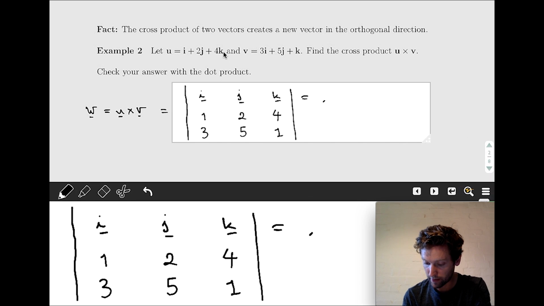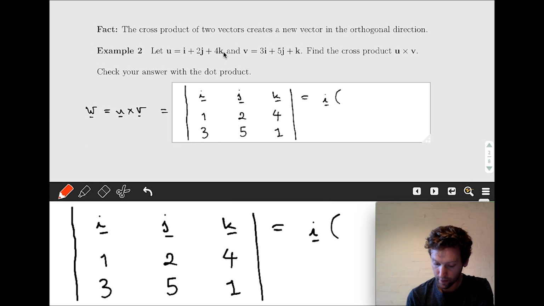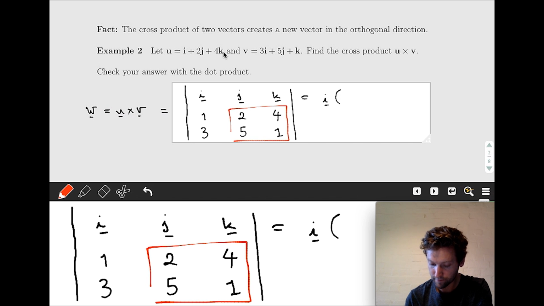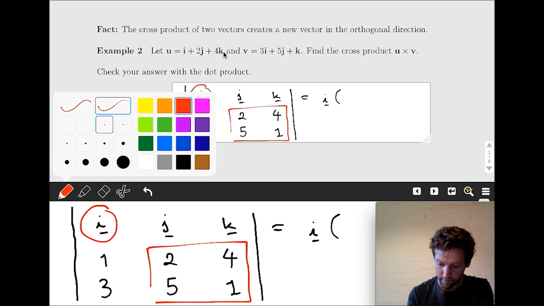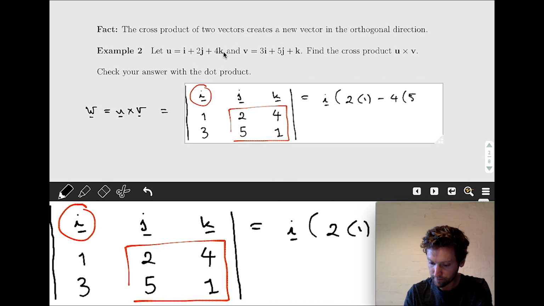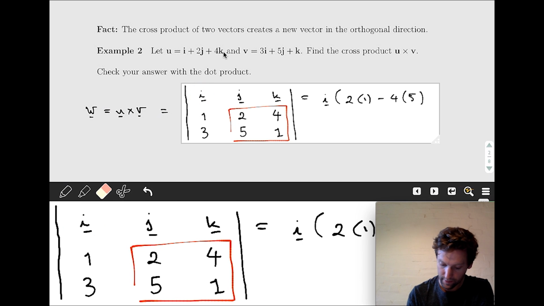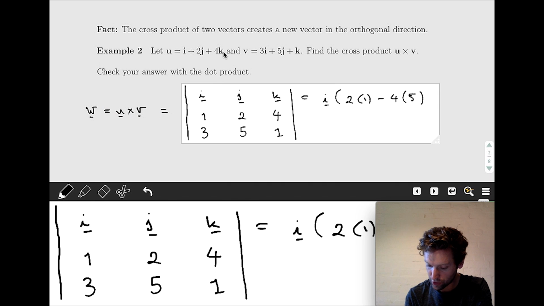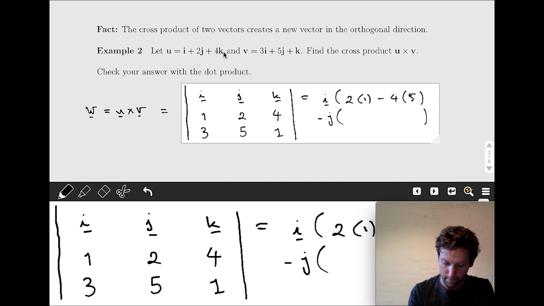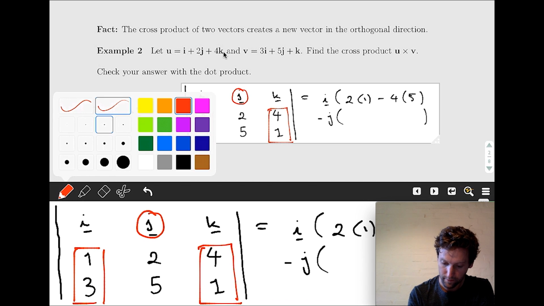Its determinant will be given by i times the determinant of this 2 by 2 matrix, so that will be given by 2 times 1 minus 4 times 5, minus j times the determinant of this 2 by 2 matrix made up of these two columns.